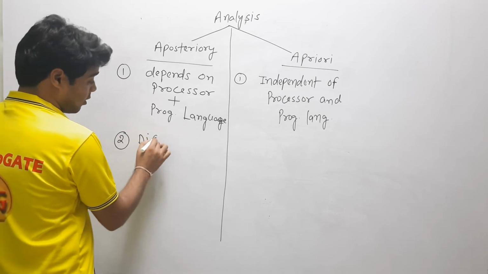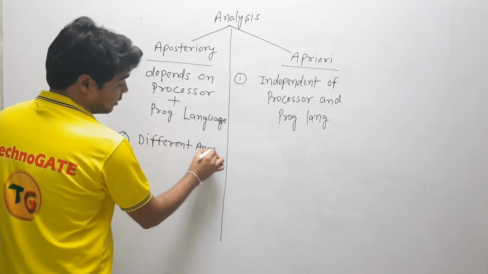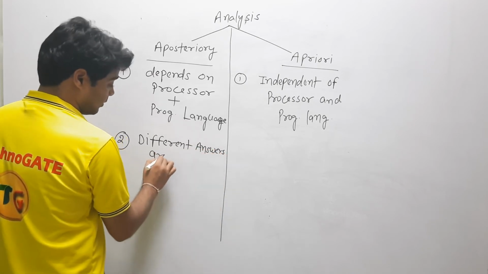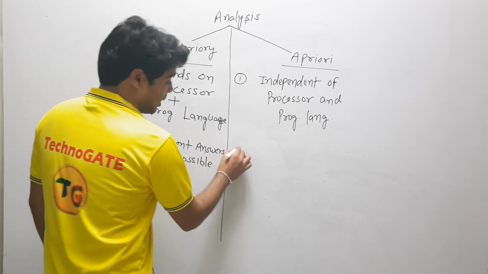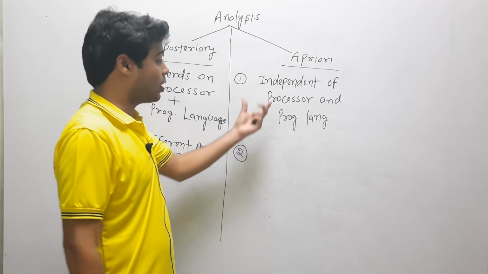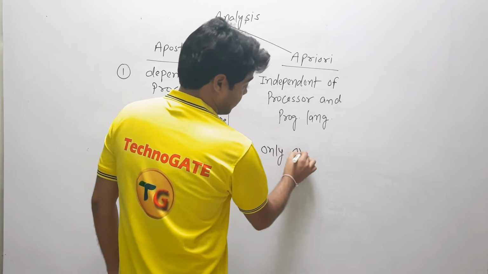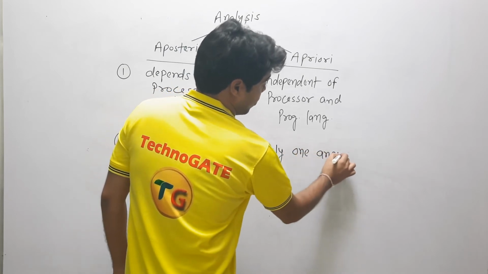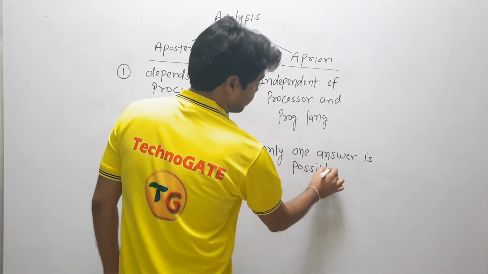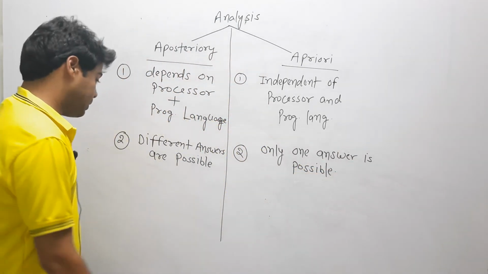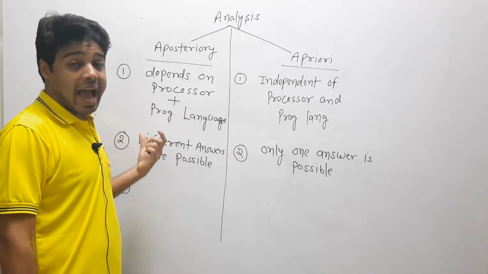Different answers are possible. But in the a priori analysis, only one answer is possible because it is an independent analysis. And the third difference: in a posteriori analysis, the answer you get is the exact answer.